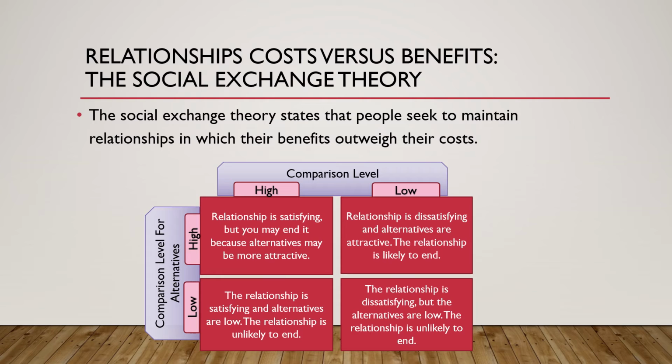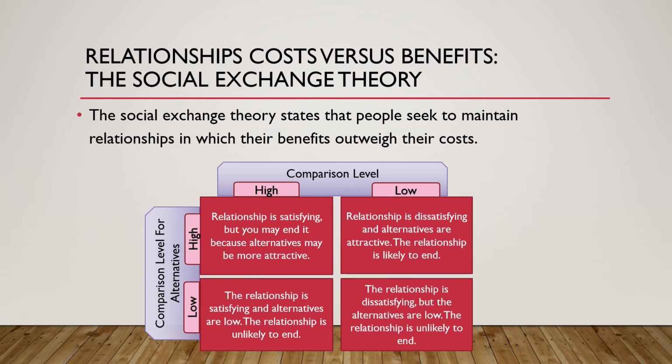The other factor that's really important is comparison level for alternatives. So thinking about, if we leave this relationship, how many opportunities are there for me to develop other relationships like this? So if we think about it from the dating perspective, if I get out of this romantic relationship, is there the possibility that I'm going to be able to find another romantic relationship down the road?